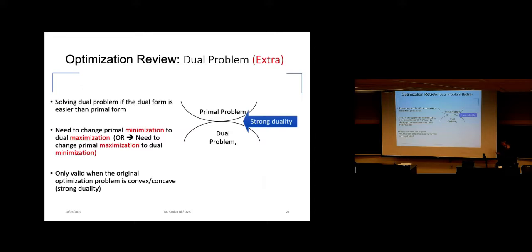Now I'm going to move to the primal and dual problem. We solve the dual problem if the dual formulation is easier than the primal problem. Just memorize it. When you change the primal problem into the dual problem, you change the primal minimization into dual maximization. If your primal problem is maximization, your dual problem becomes minimization.